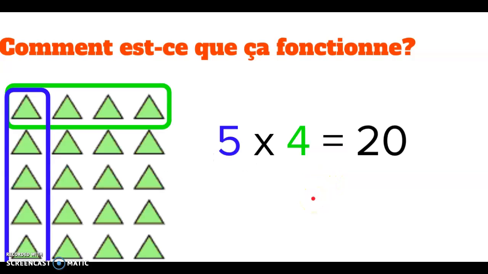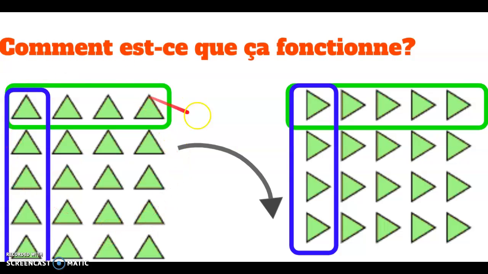Now let's see how that works if you're using an array to do multiplication. So here we have 5 times 4 equals 20, because 5 triangles vertically, 4 triangles horizontally, and 20 triangles in total. Sorry, my screen jumped. But if we flip this grid, we have the same number of triangles.